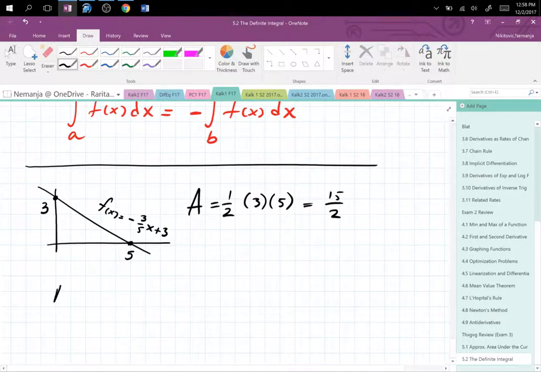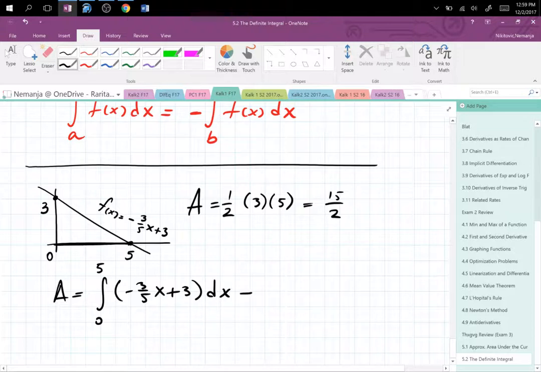And then you say area is equal to the definite integral, 0 to 5, that's your base, of negative 3/5 x plus 3 dx, right? And then you integrate this. So negative 3/5 is a constant, you copy that. You have x squared over 2, integral of x, plus 3x computed from 0 to 5.